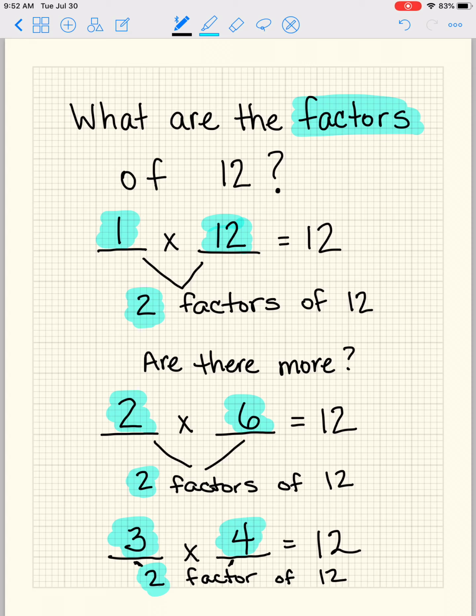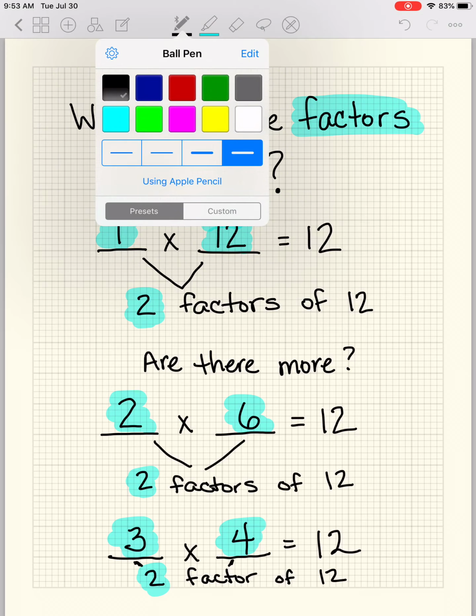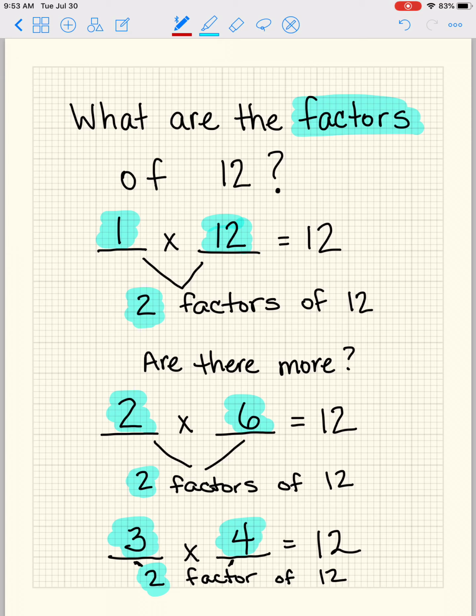Now I'm going to list them. So what I like to do is list them from the smallest factor to the greatest factor. So I see that my smallest factor is the number 1. So I'm going to list that first. There's 1, and then I'm going to put a comma. Well, if I look down through, the 2 in 2 times 6 is going to be the next smallest number.